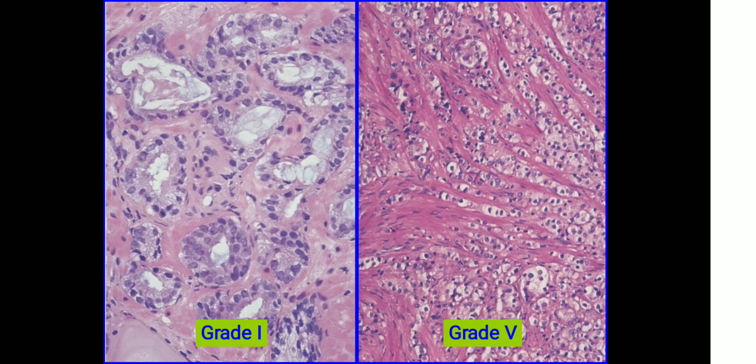Why? Because 5 is the most predominant pattern and 1 is the second predominant pattern. So that's how we report prostatic adenocarcinoma with the Gleason scoring system.